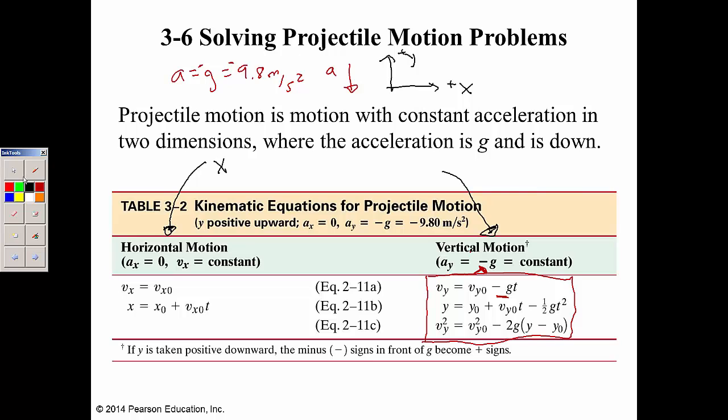Now in the x direction, we don't have any acceleration, so here we've set the acceleration equal to 0 and written the equations of one-dimensional kinematics that we're already familiar with.